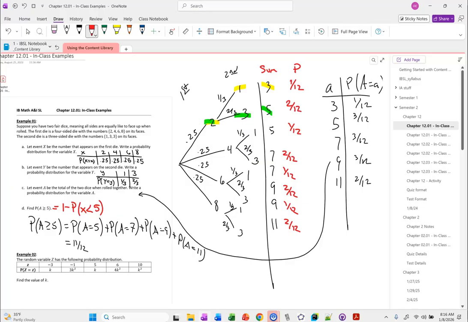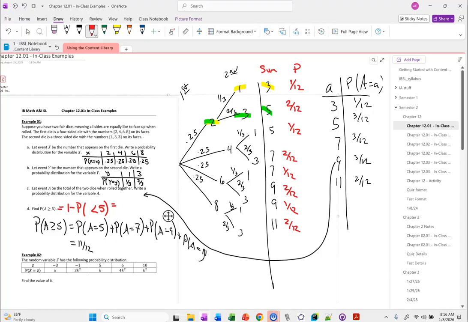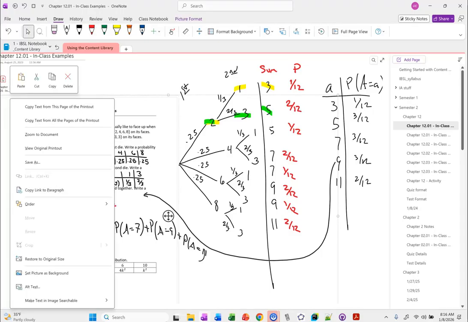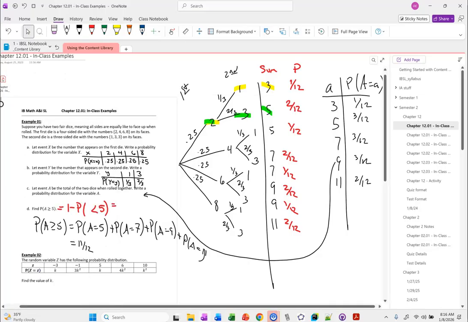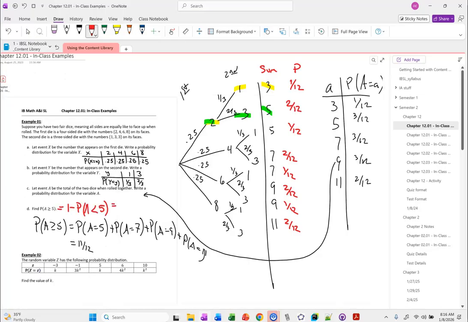And note that in this specific situation, the probability that A is less than 5 is the same thing as A less than or equal to 3, or really just A equals 3.